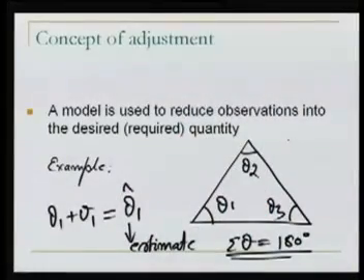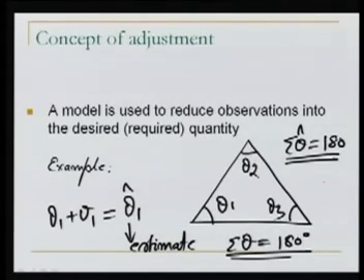So this estimate now should satisfy our model. That means sigma theta hat should become 180 because we have applied the corrections. Now this process is called the adjustment. So for the adjustment we need that model, and our estimates should start satisfying that model now.